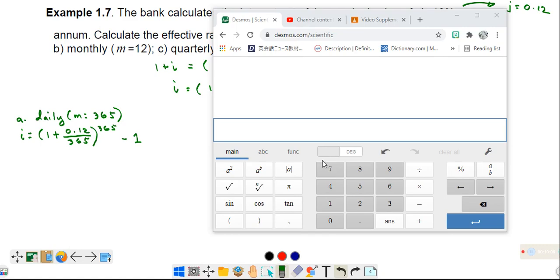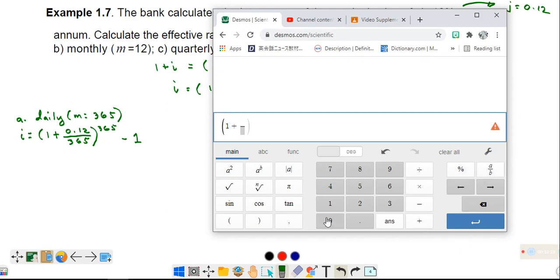So please prepare your calculator, preferably scientific. Okay, so our calculator is ready. Let us plug in the formula. So open parenthesis, 1 plus, let's insert a fraction. We have 0.12 in the numerator and then 365 in the denominator.